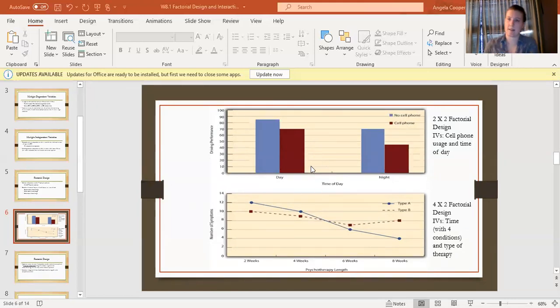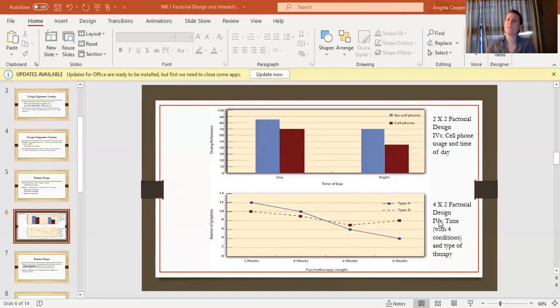And looking at this example, we'll see that there are 4 conditions. You're either using your cell phone during the day, or you're not, with the blue, or you're using it at night, or you're not, with the blue again. So we have 4 different bars, each indicating a different condition you can be in. Cell phone usage during the day. Over here we have no cell phone at night, no cell phone during the day, and then using the cell phone at night. 4 different conditions.